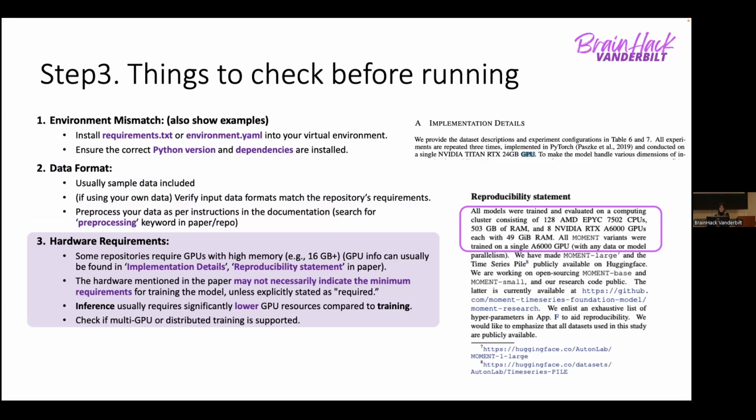One thing I would mention is that the hardware mentioned in the paper may not necessarily indicate the minimum requirements for training the model, unless it's super obvious, like you don't want to train a large language model on a single GPU, right? Or it's explicitly stated as required. You can always check by running the model on your machine and seeing if it gives you any error message.